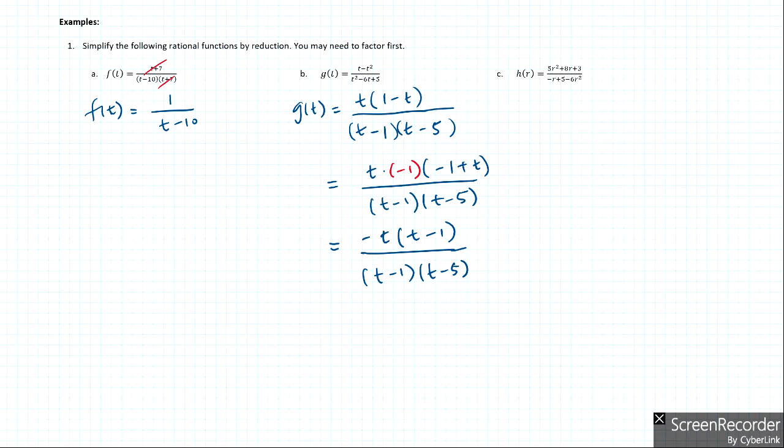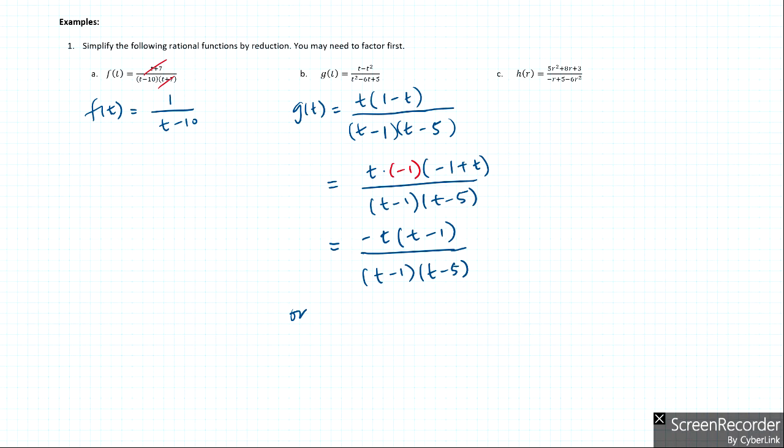Alternatively, you can see this t minus t squared as not being in decreasing order, and start off by switching the order of the terms first. I'm going to show this as an alternative way to recognize that we have some cancellation to do.